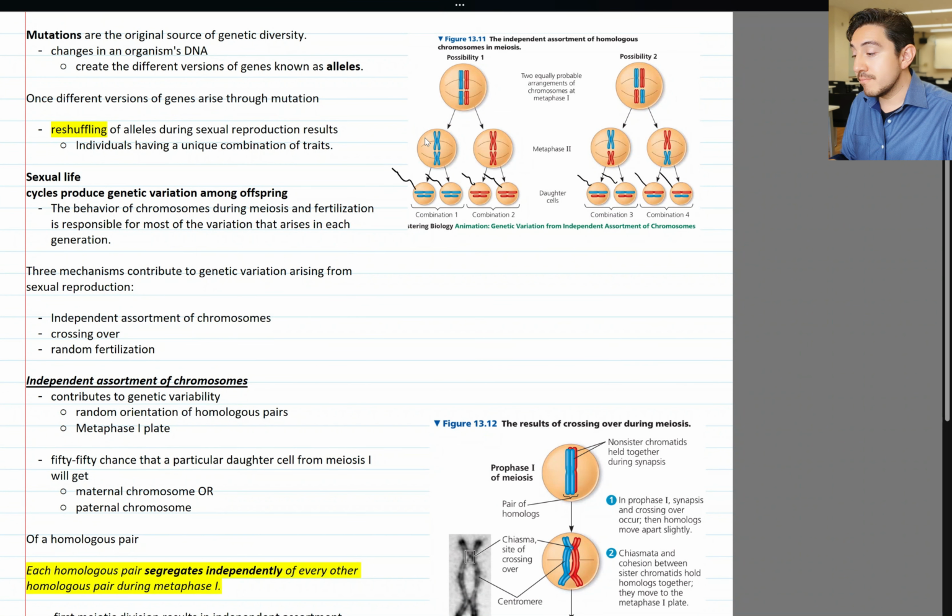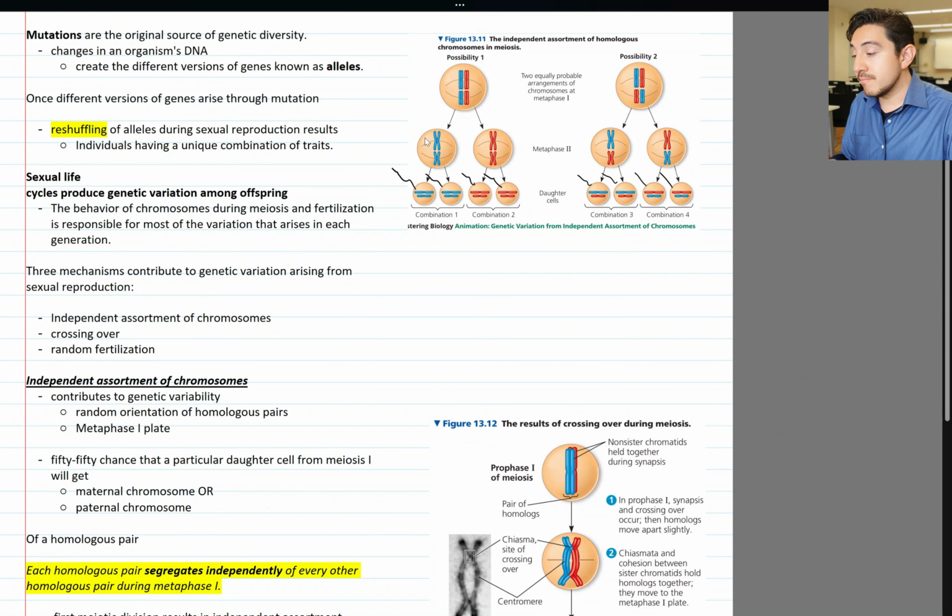So independent assortment, which what I mentioned before, is that you get, during metaphase, right, a different orientation amongst the homologous pair. Take a look at possibility 1, where all the paternal and maternal chromosomes are facing a particular side.